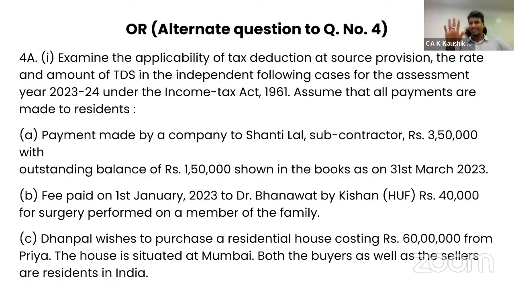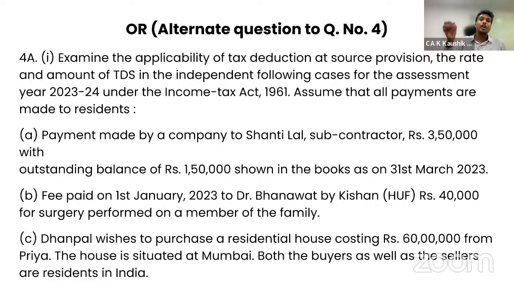First one, there are 5 scenarios. Payment made by company to Shanti Lal, subcontractor, rupees 3,50,000 with outstanding balance of 1,50,000 shown in the books as on 31st March 2023. Now, section 194C applies to contractor payments, and it says that any overall limit during the year exceeding 1 lakh or single payment exceeding 30,000 will attract TDS under section 194C.